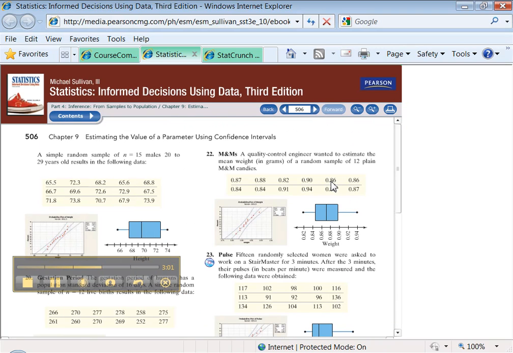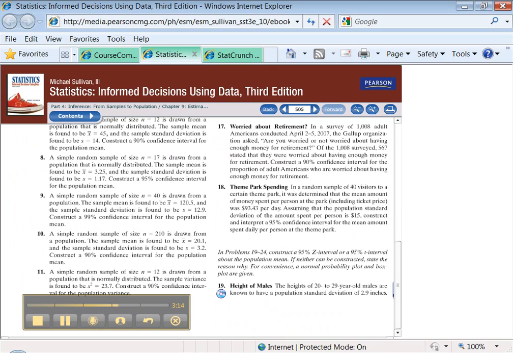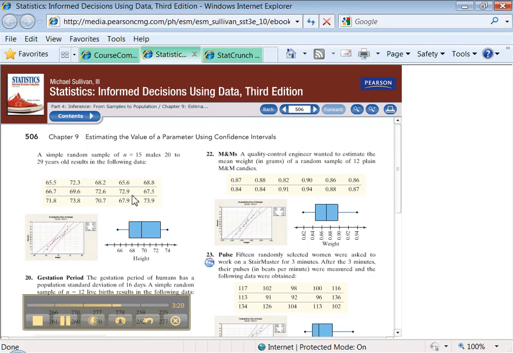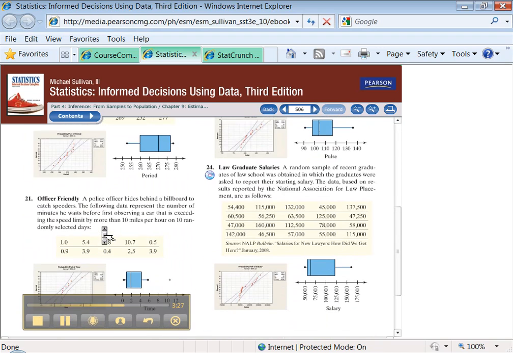Let's zoom through some more here. Apparently I needed to look at the question. Z interval or t interval, depending. All right, let's look at them. Did they give you sigma? Nope, no sigma. That's a t interval. I'm skipping the even ones for you to do.